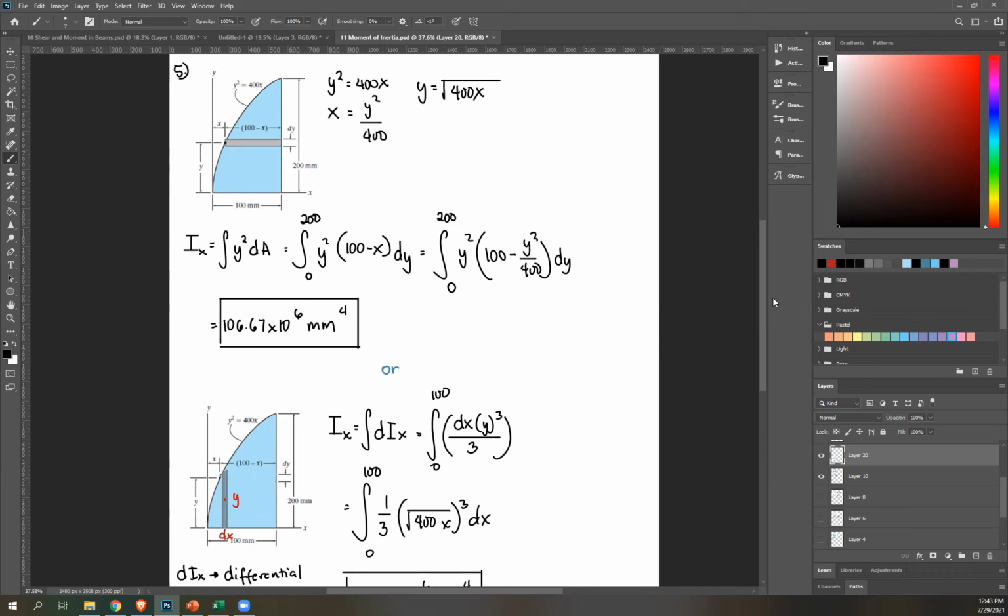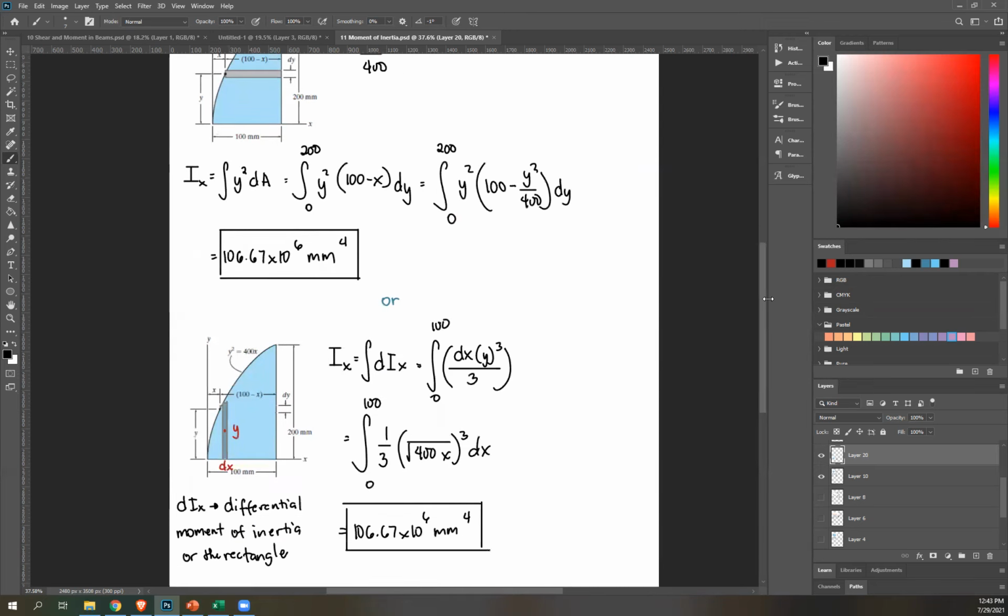Okay, if you've noticed, there's a bit of a discrepancy there. There's a discrepancy of, I think, 4 units. Now, the reason for that is because we're approximating each area into a rectangle. So if we try to zoom in there, these are our rectangles.